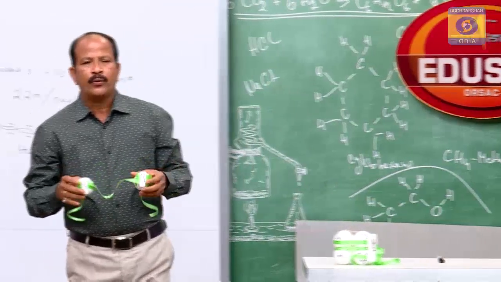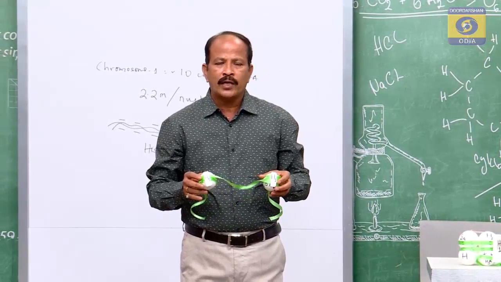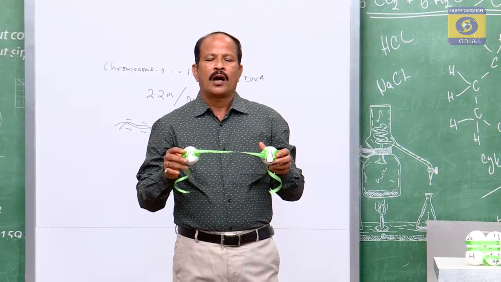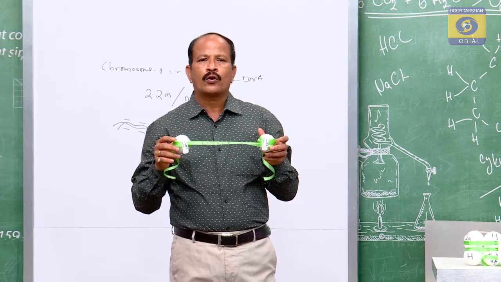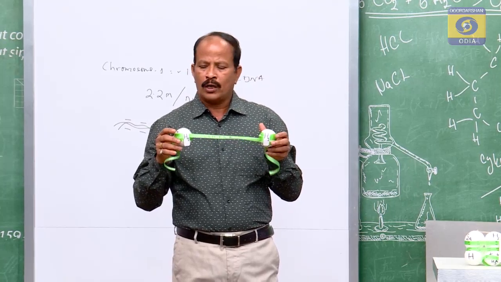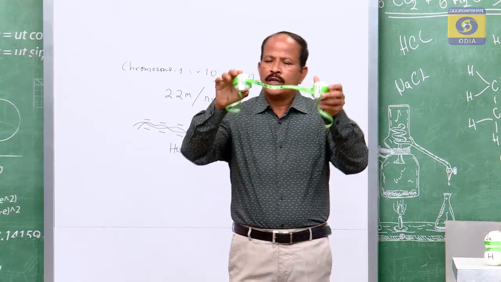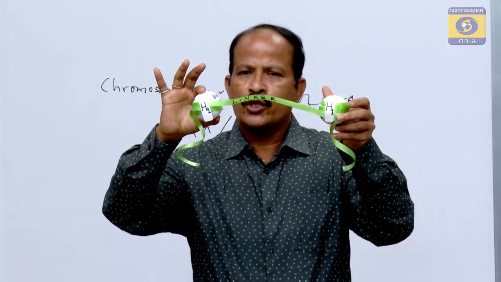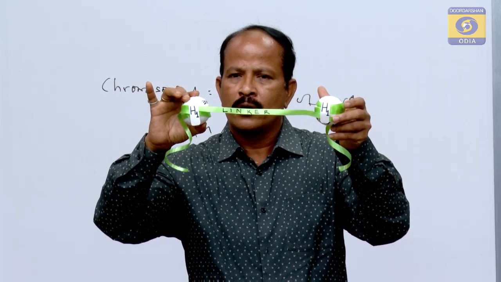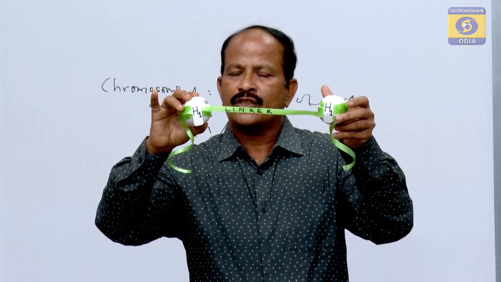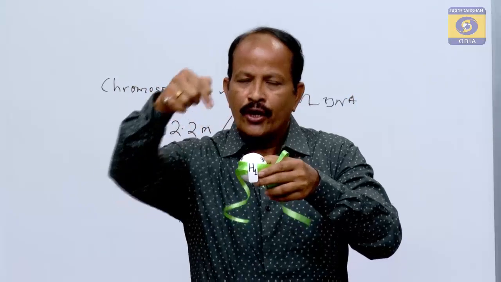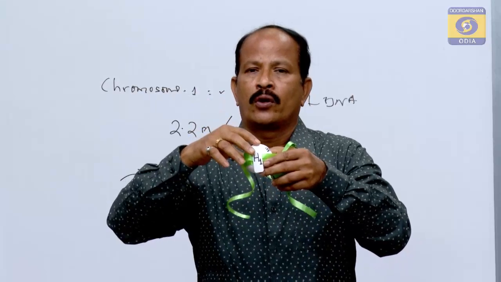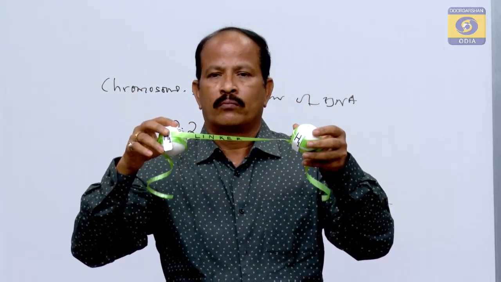In 1974 it was observed that histone proteins are regularly associated with the DNA to form nucleosome fibers. This ball is a histone core, which consists of 8 histone proteins, and the negatively charged DNA is wrapped around it in a left handed manner to form a nucleosome.